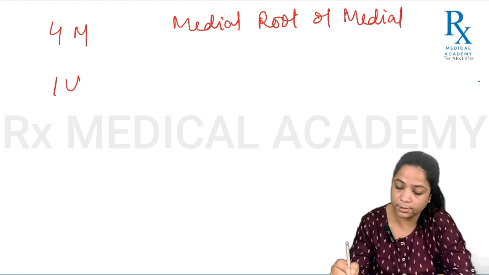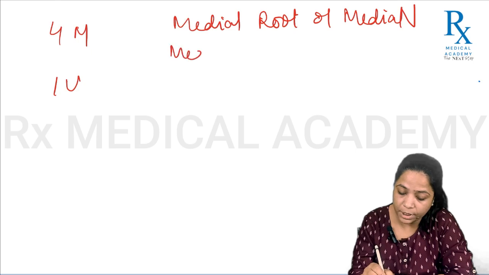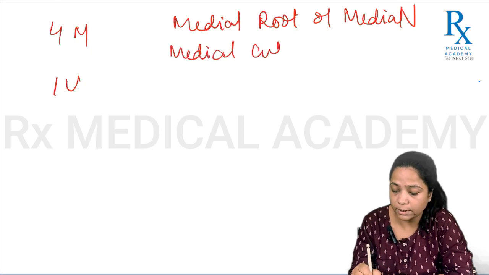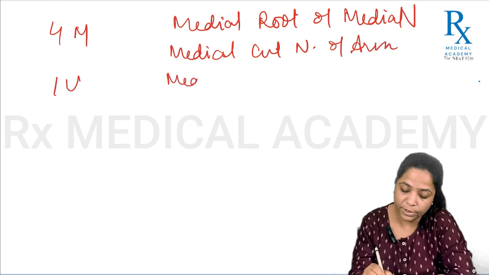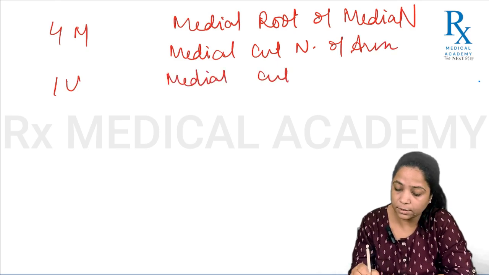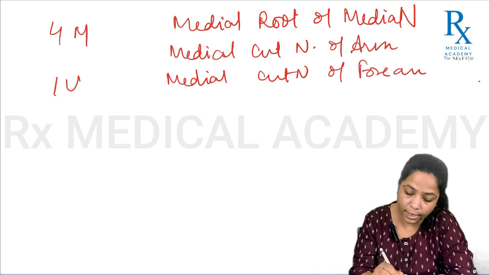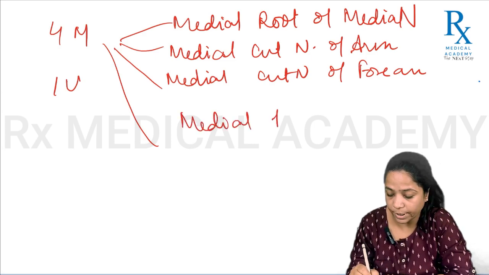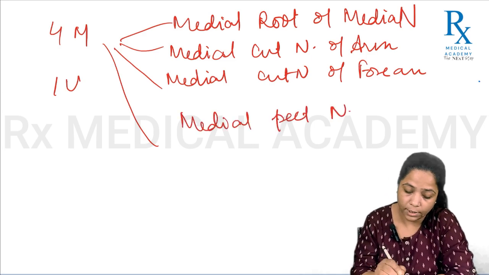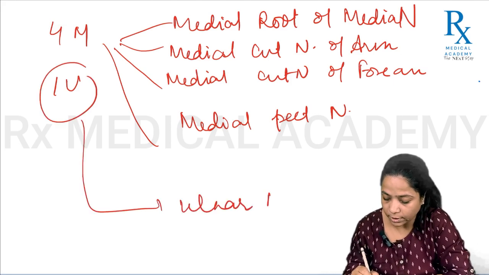We have already discussed the lateral root of median. Then we have the medial cutaneous nerve of arm. Then we have the medial cutaneous nerve of forearm. Another M is for the medial pectoral nerve. The U stands for the ulnar nerve.